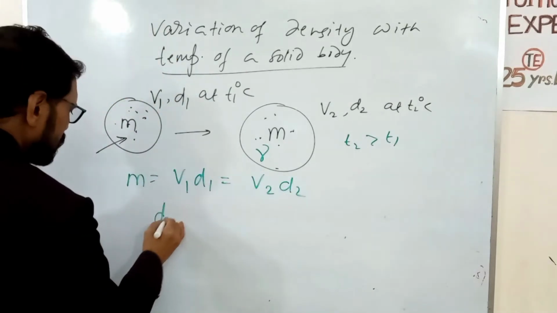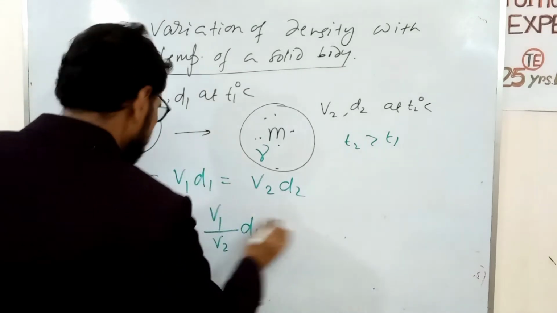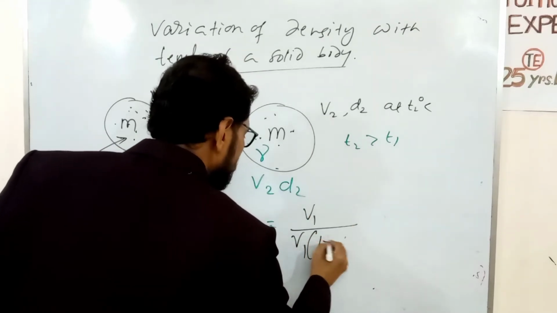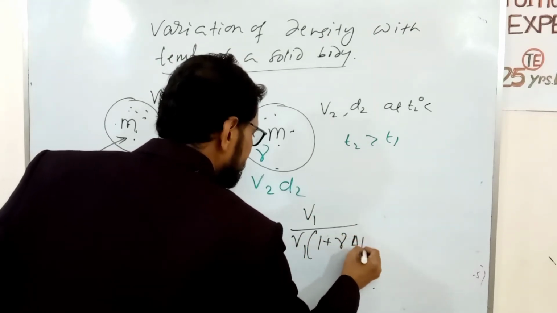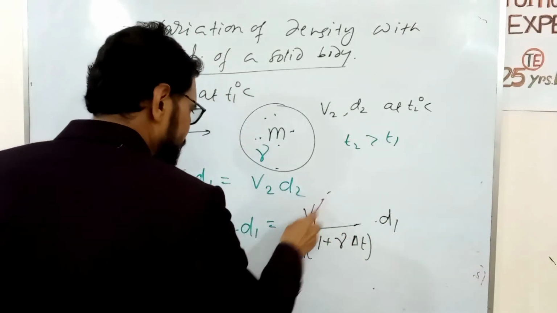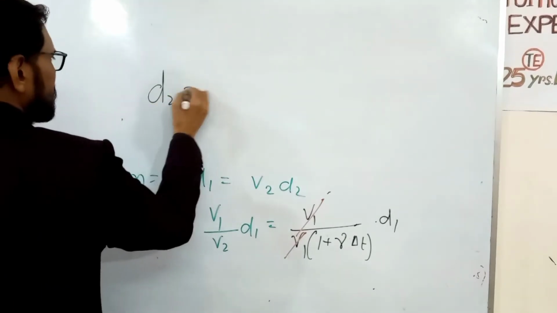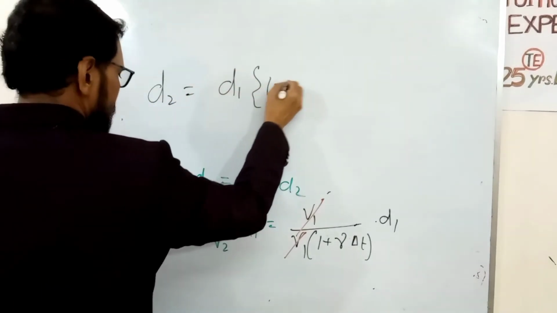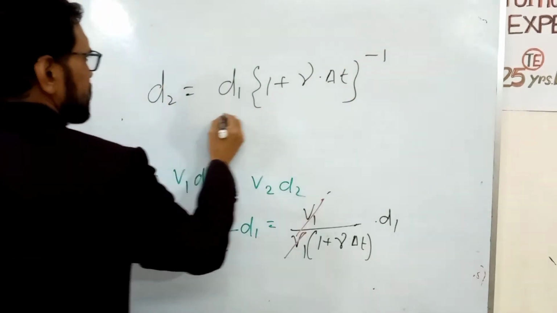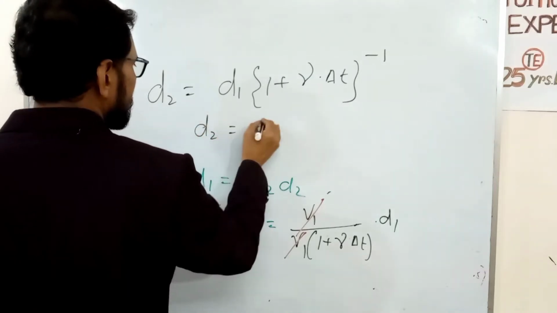Now D2 equals V1 by V2 into D1, and V2 equals V1 into 1 plus gamma del T, so D2 equals V1 by V1 into 1 plus gamma del T into D1. V1 cancels. So the relation is D2 equal to D1 into (1 plus gamma del T) whole to the power minus 1. This is the relation.